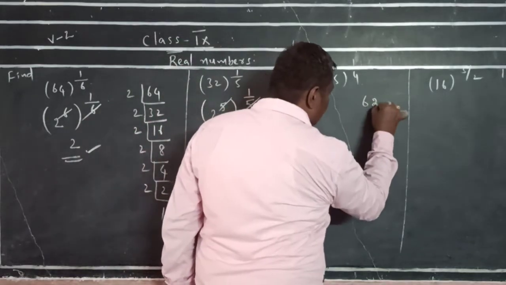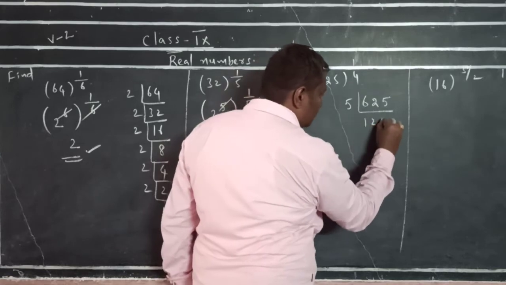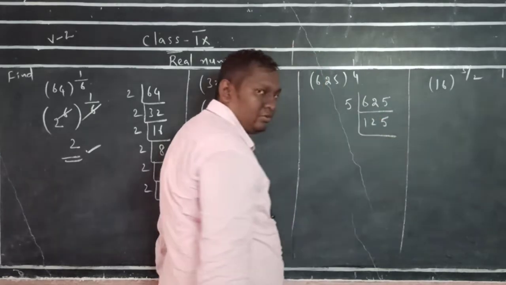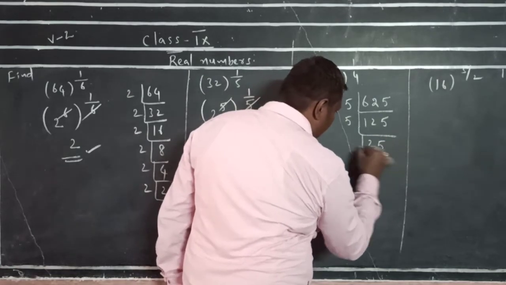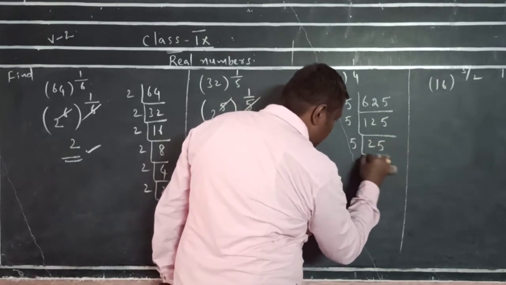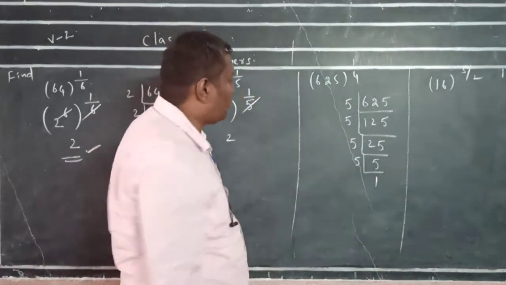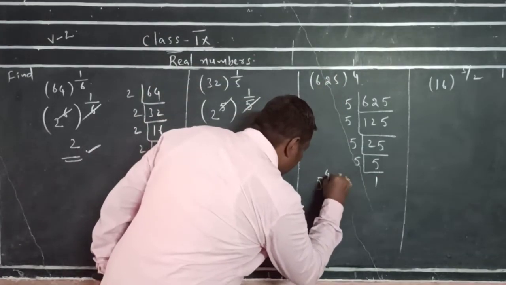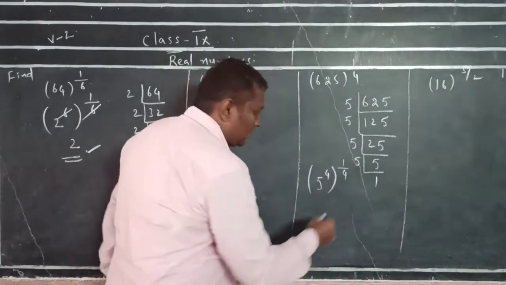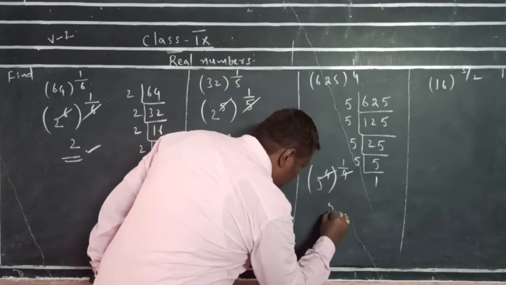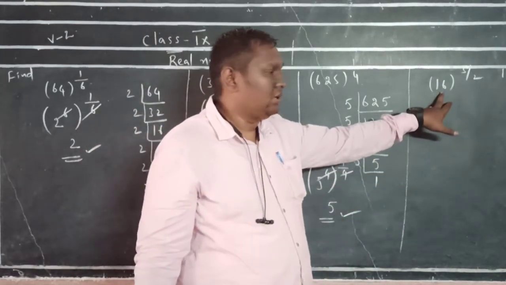The LCM of 625: 5 125s, 5 25s, 5 5s, 5 1s. How many 5s? 4. 5 power 4 whole power 1 by 4. Here also 4 and 4 cancel. Got 5.